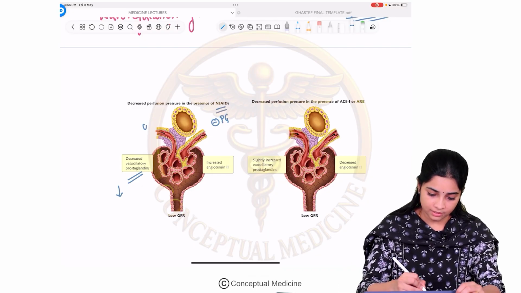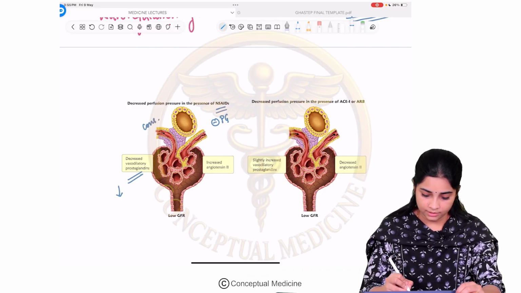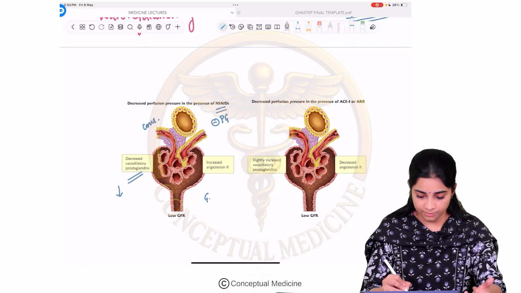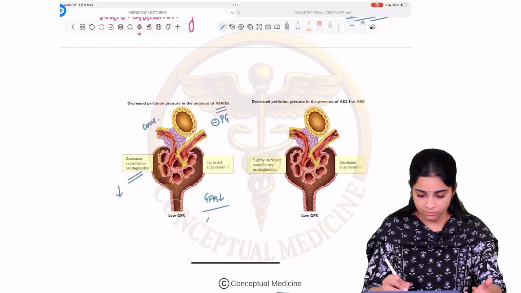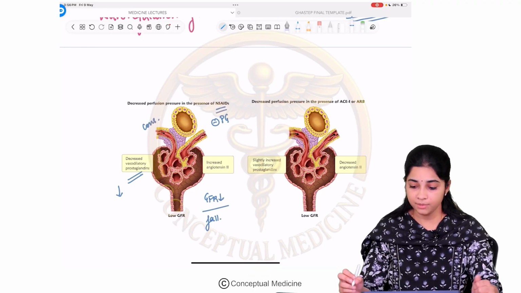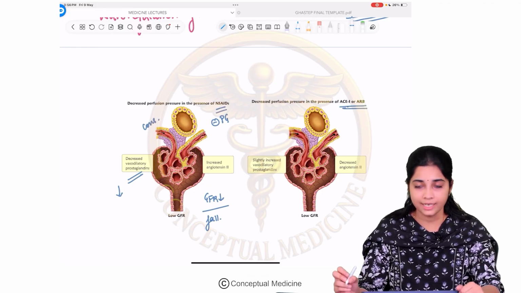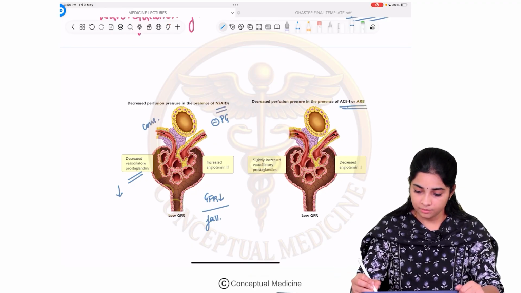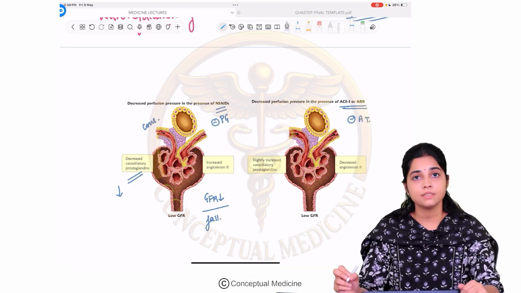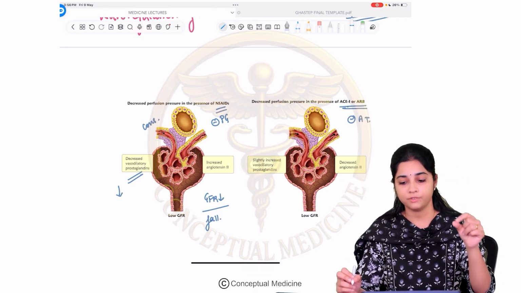So this will cause constriction of the afferent arteriole. Then if there is constriction of the afferent arteriole, what happens to the GFR? The GFR begins to fall. Similarly, if you give ACE inhibitors and ARBs, they inhibit angiotensin. Angiotensin is mainly responsible for constriction of the efferent arteriole.